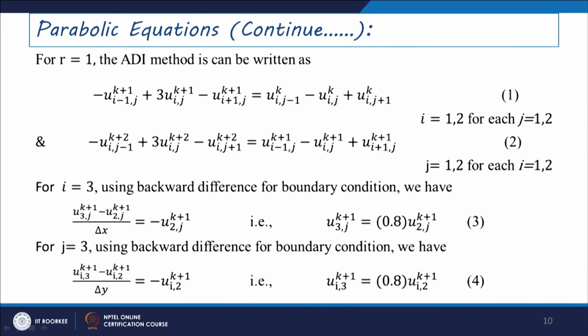For r equals 1, the ADI method can be written as minus u i minus 1 j k plus 1, plus 3 u i j k plus 1, minus u i plus 1 j k plus 1.